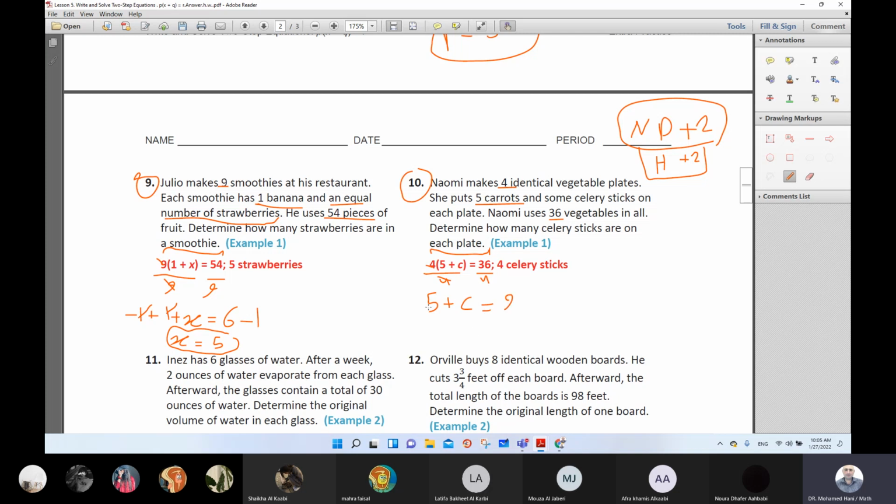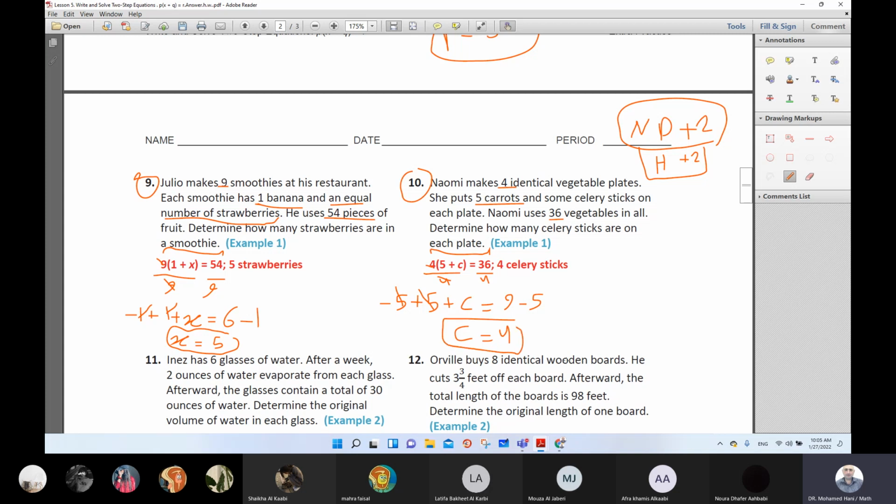Then we want to remove 5 from this side, so we can add the inverse to the two sides. The inverse of 5 will be minus 5. Minus 5 plus 5 will be 0. It means C here equal 9 minus 5 will be 4.